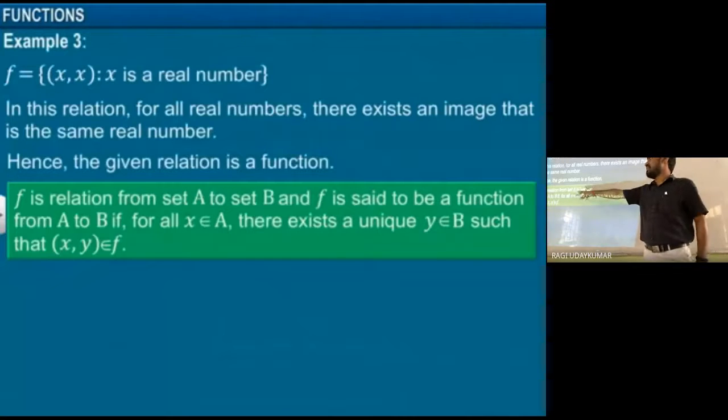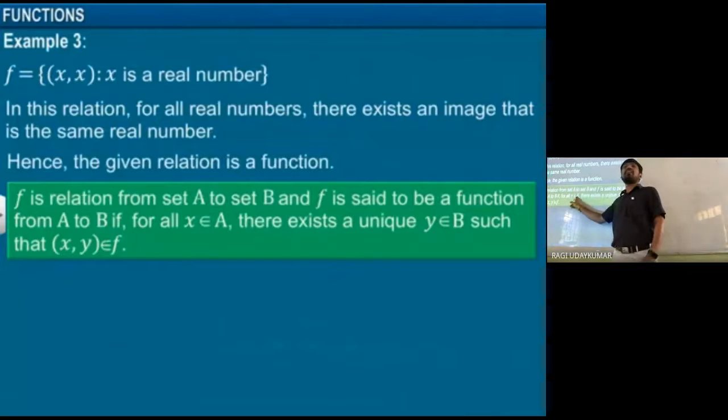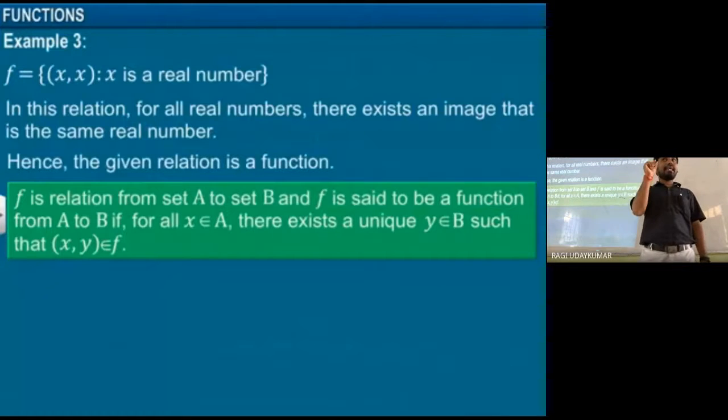If f is a relation from set A to set B, then f is said to be a function from set A to B if for all x belongs to A, एक A में क्या क्या elements है सबको, there exists a unique, which is nothing but only one. कंपल्सरी होना है, खाली भी नहीं रहना.